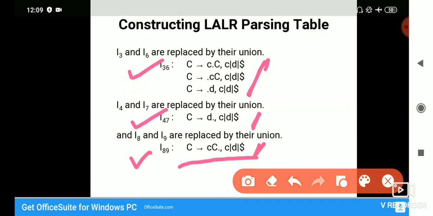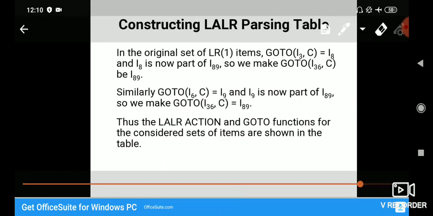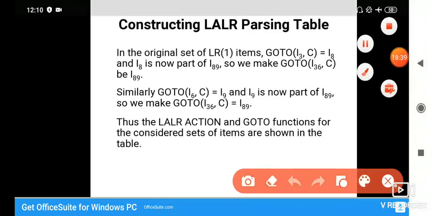So when you do this merging, what will happen? There will be a change in your parsing table. You will not create any new transition diagram for it, and you will not have to do anything else. You just have to depict in writing whatever is there, as I have explained over here.